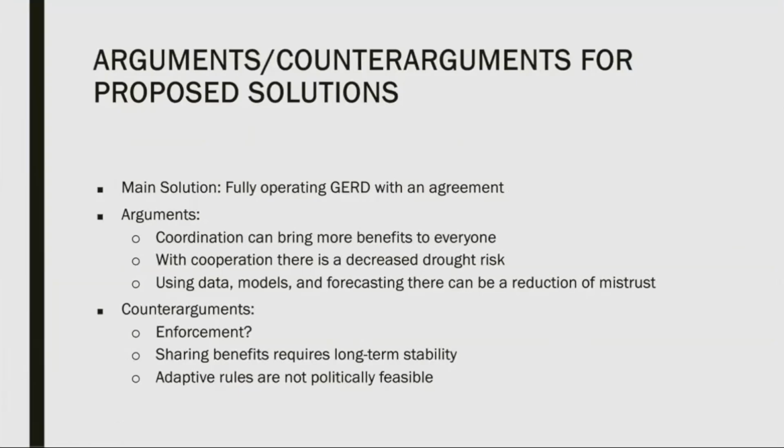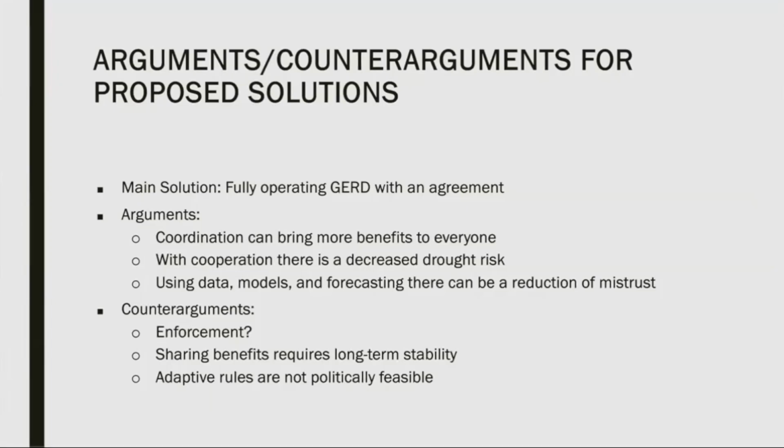So some arguments for fully operating with the GERD and in agreement would be that coordination brings more benefits to everyone. If all the countries come together and coordinate, everyone ends up winning.